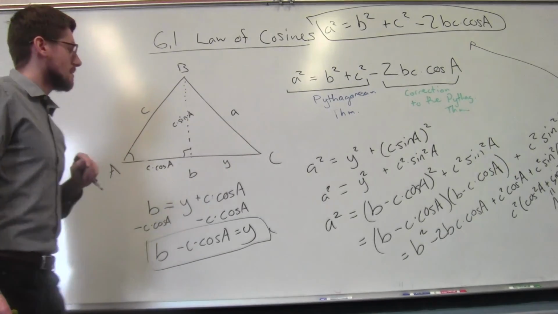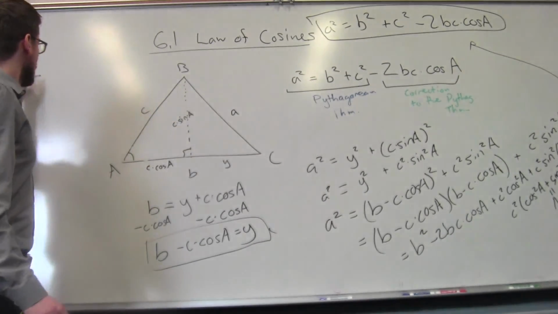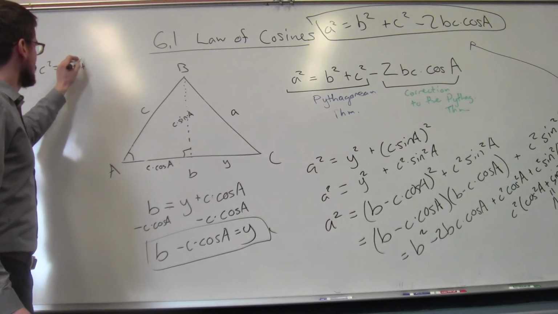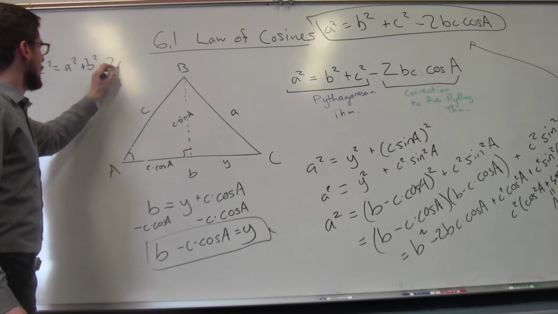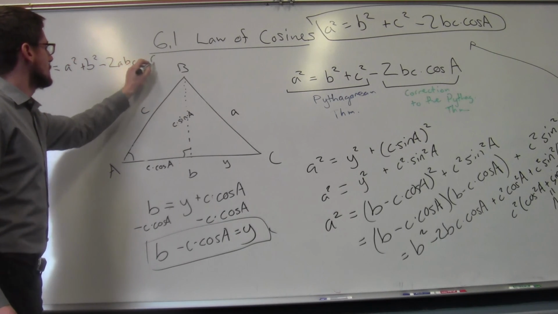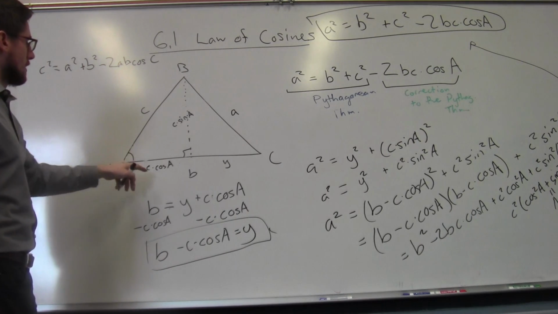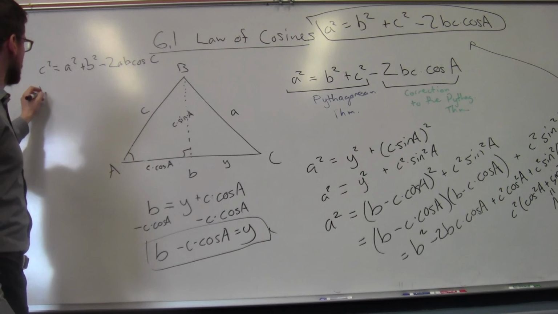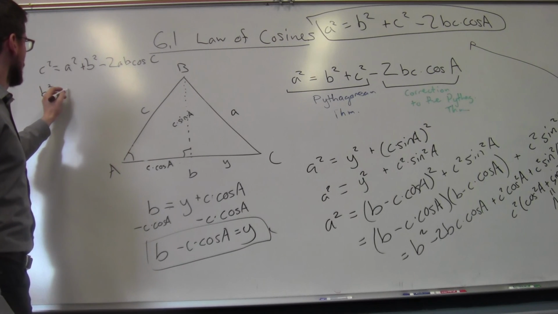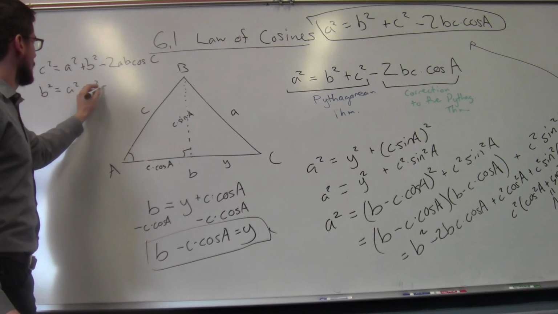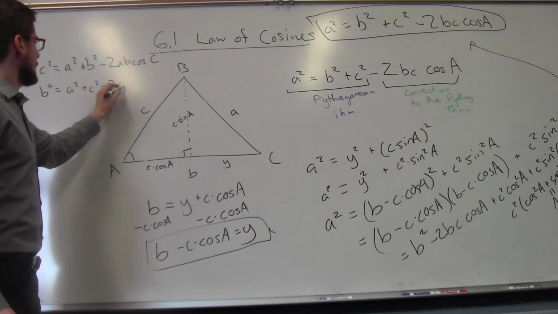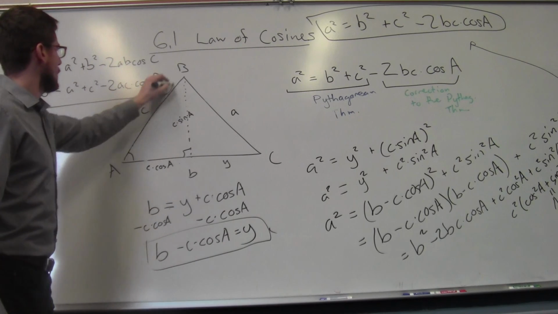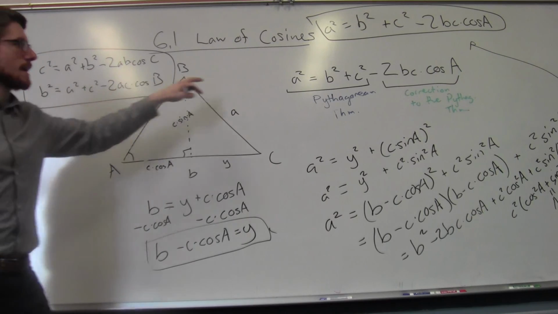So the one for angle C would be C squared equals a squared plus b squared minus 2ab cosine C. And then if you know angle B and these sides, you would have b squared equals a squared plus C squared minus 2aC cosine B. So these are all saying the same thing as this one.